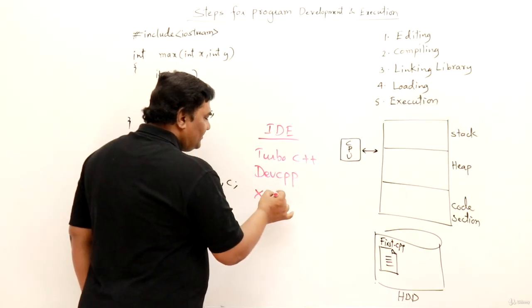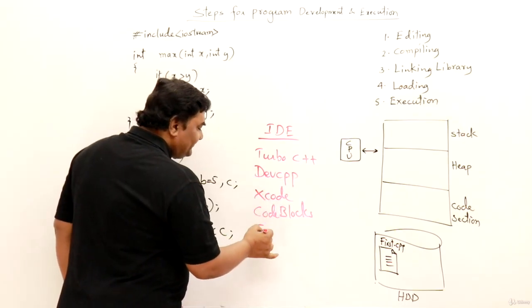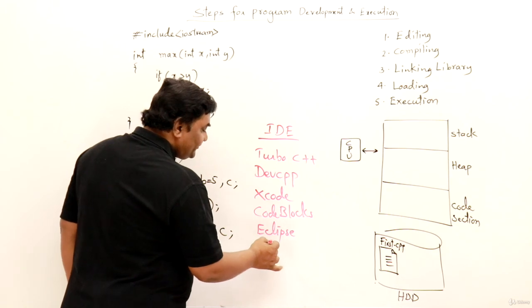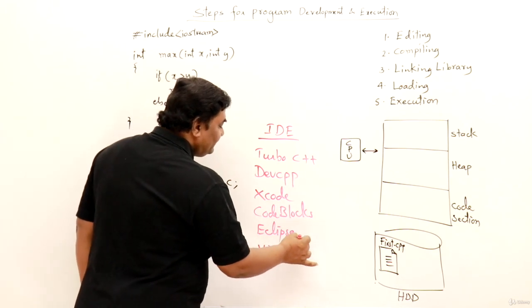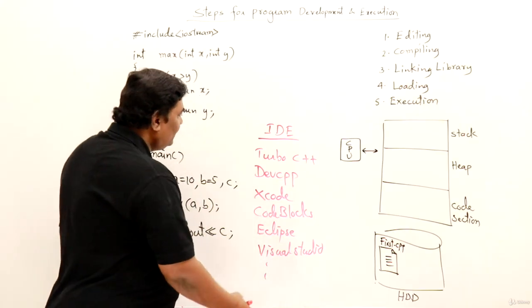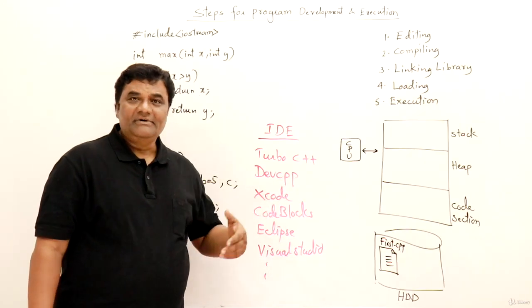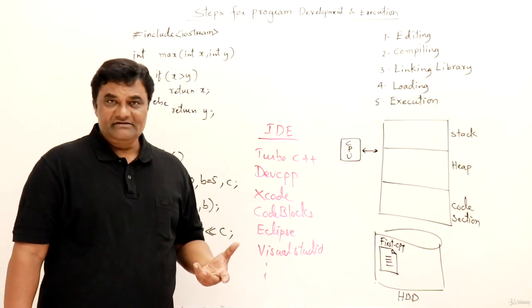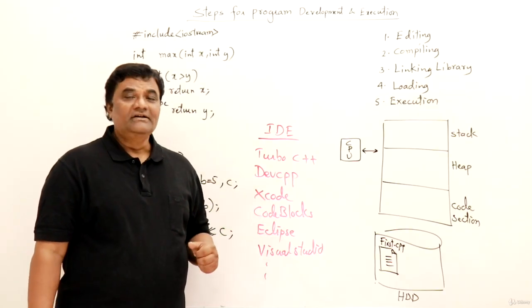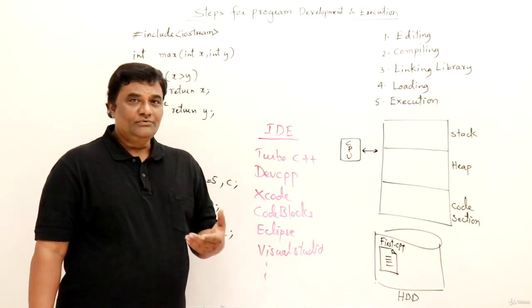And Xcode, Code Blocks, and Eclipse, Visual Studio. This is from Microsoft, and so on. So many IDEs are available, provided by different software vendors or software development companies. They have their own version of IDE. Whichever you are comfortable with, you can use that.